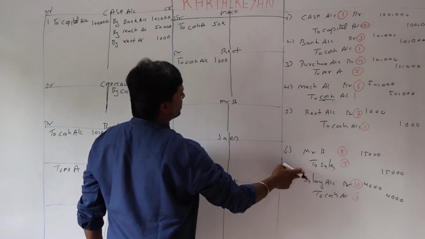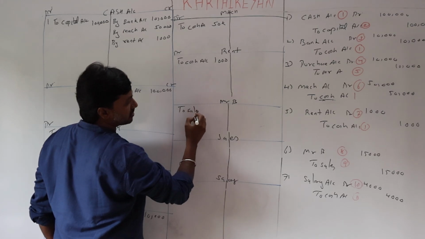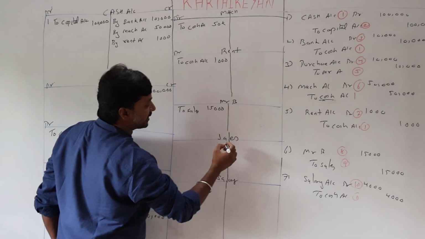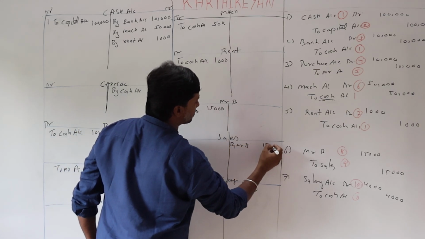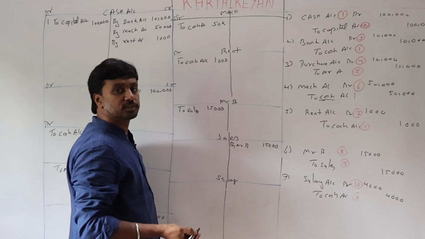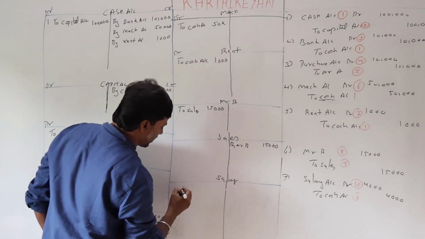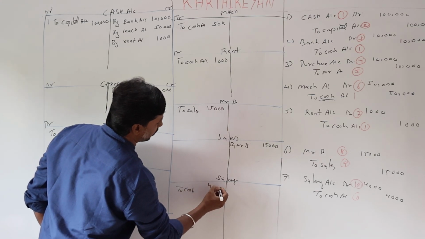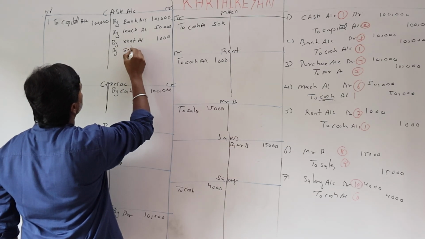Mr. B to sales, 15,000. Sales credited by Mr. B. How much rupees, 15,000. Salary to cash, salary account debited to cash. How much, 4,000. What has happened to cash, by salary.